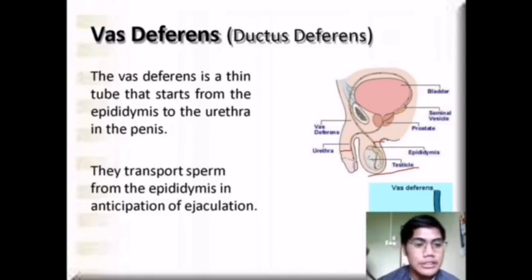The vas deferens is the thin tube that starts from the epididymis to the urethra in the penis. As you can see, this is the urethra, this is the epididymis. So it starts from here until over here.